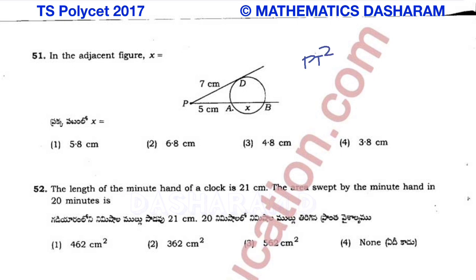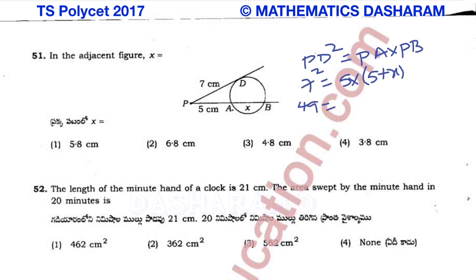So PD square is equal to PA into PB, which is one of the theorems. PD square is 7 square, PA is 5, PB is 5 plus x. So 7 square is 49, equal to 5 times 5 is 25, plus 5 into x is 5x.